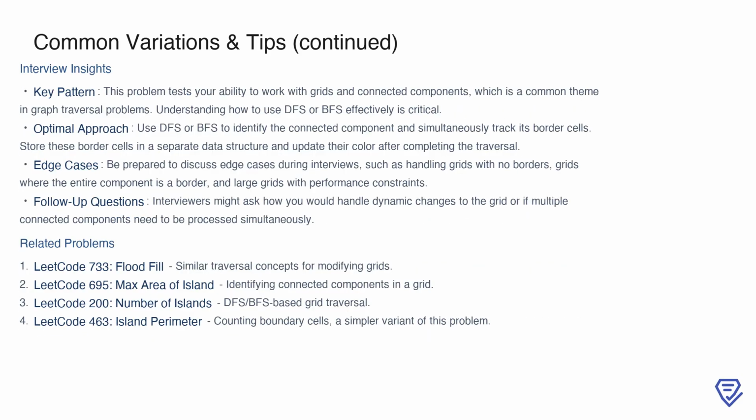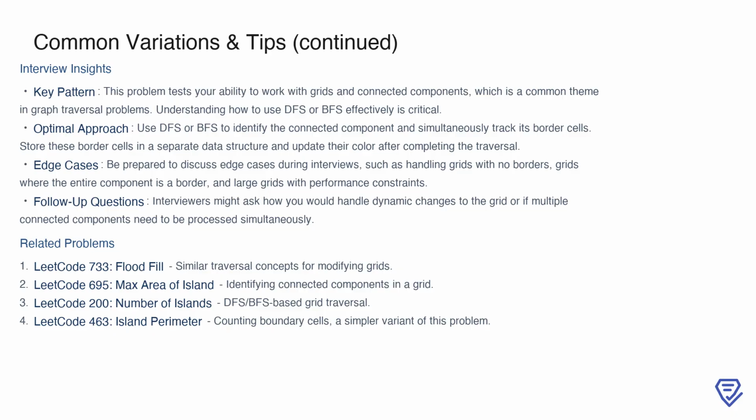This problem evaluates your ability to work with grids and connected components, which are common themes in graph traversal problems. Mastering depth-first or breadth-first search is essential for tackling these challenges effectively. The optimal approach here is to use DFS or BFS to not only identify the connected component but also to track its border cells.